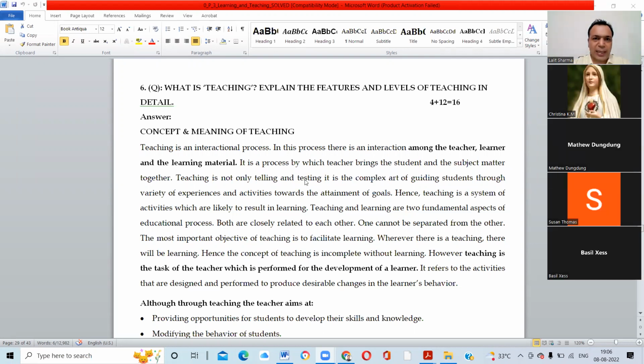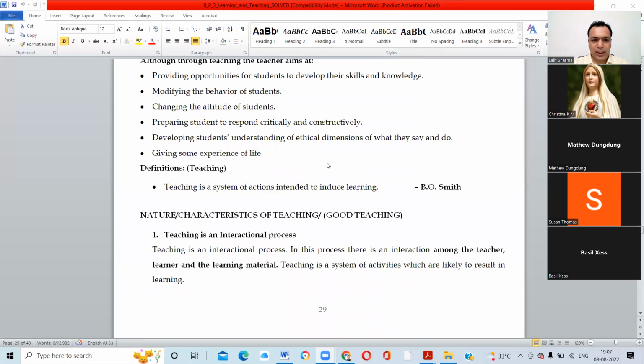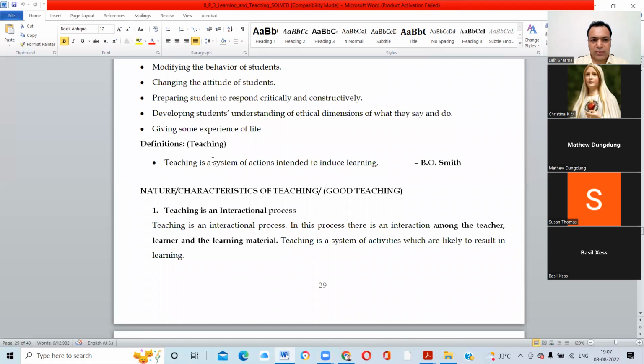If it is possible, guys, you can write at least one definition, if you can learn it. There is one famous definition given by B.O. Smith: teaching is a system of activities intended to induce learning. So this is the definition.